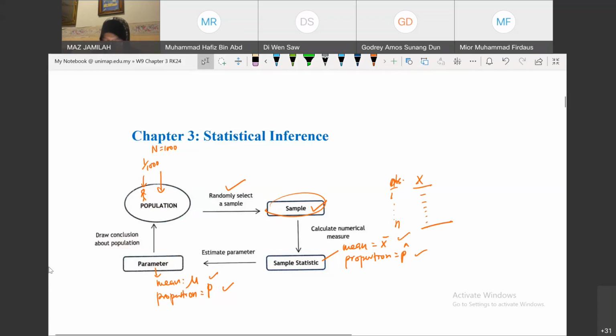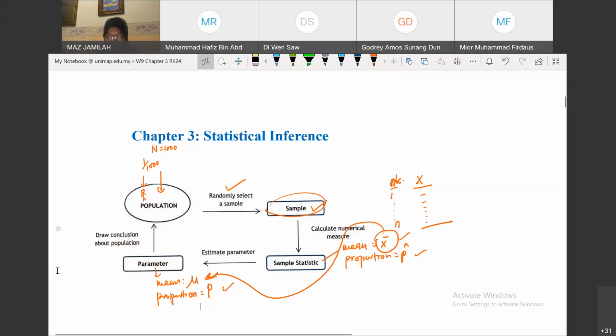We are going to discuss further how this sample mean is actually representing the population. The way we prove that this X bar is actually a representation of the mean of your population will be discussed in chapter 3.